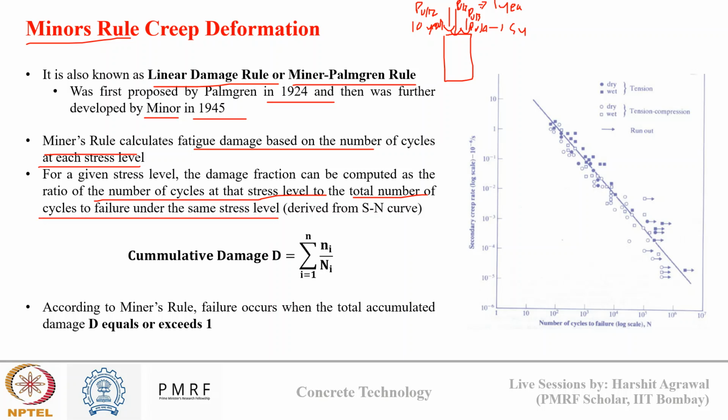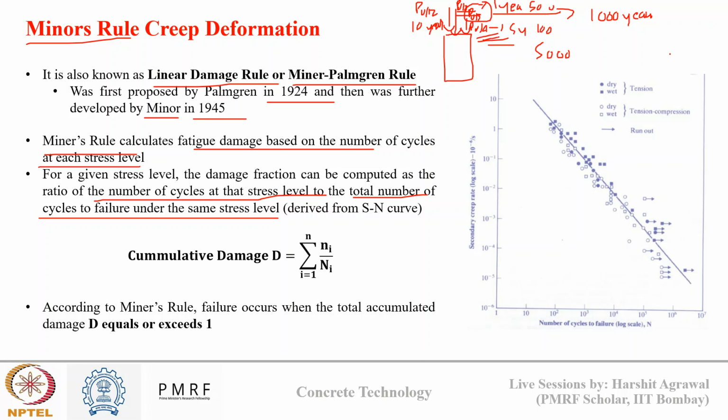Suppose this PU by 3 load will require 1000 years for showing creep failure. This PU by 9 load will require 5000 years for showing creep failure. Now I am applying this load for the last 500 years, and I am applying this load for the last 100 years.